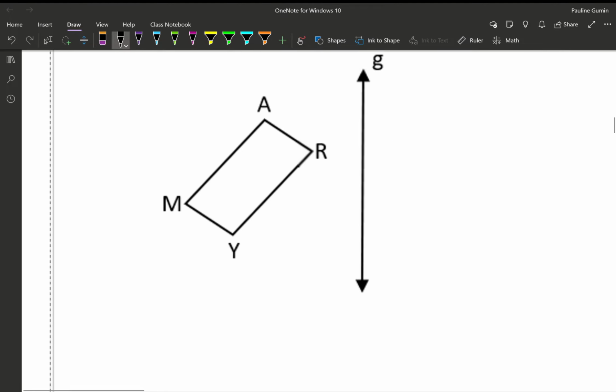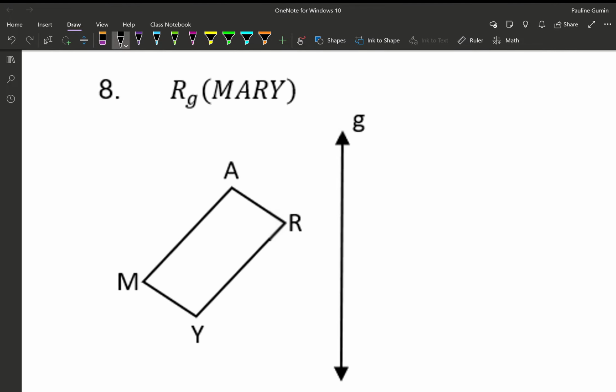I am pleasantly surprised. Let's do the same thing with number 8. I'm going to reflect the parallelogram MARY over G. So I'm going to reflect A first and call it A prime, then R. I'm going to redo that line. Didn't look as straight as I wanted it.